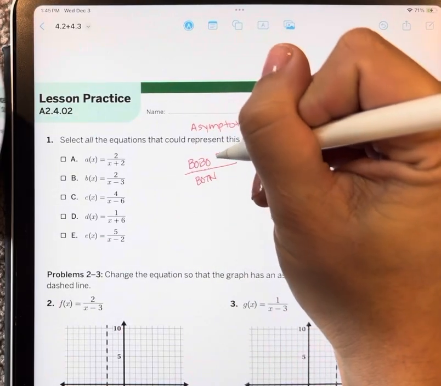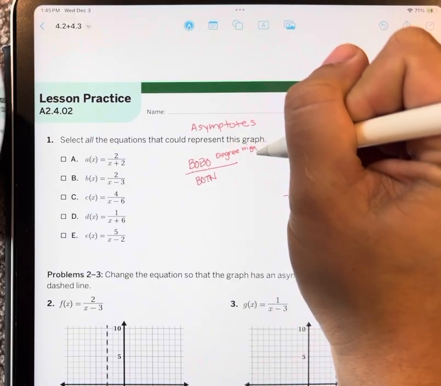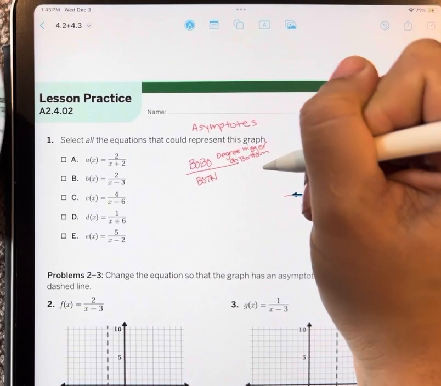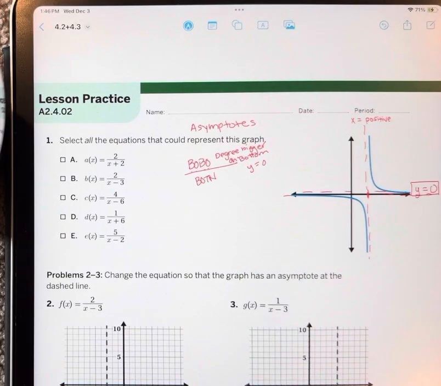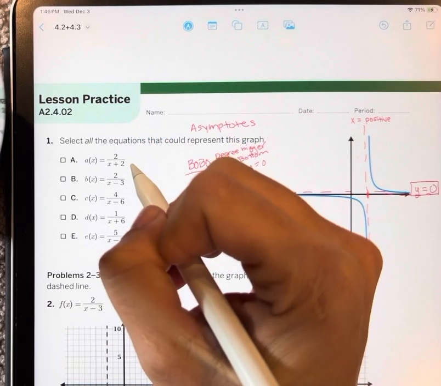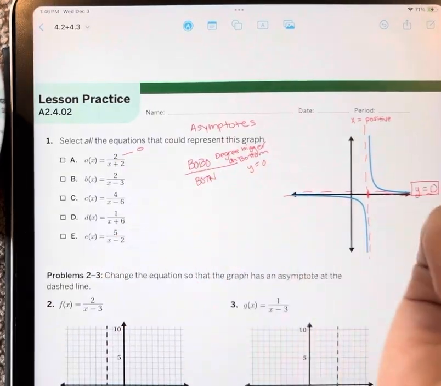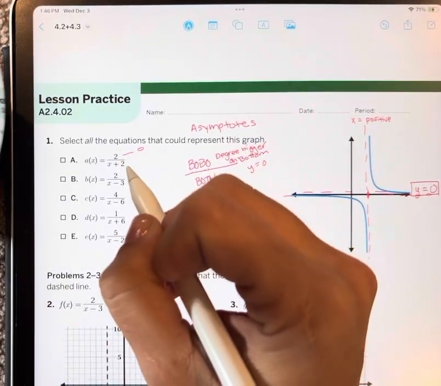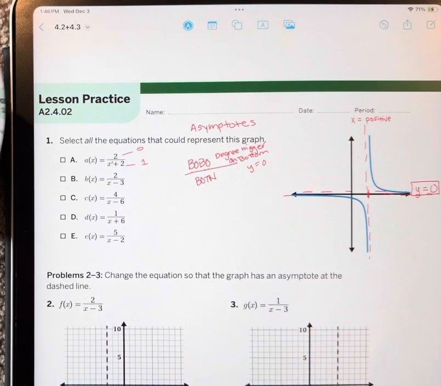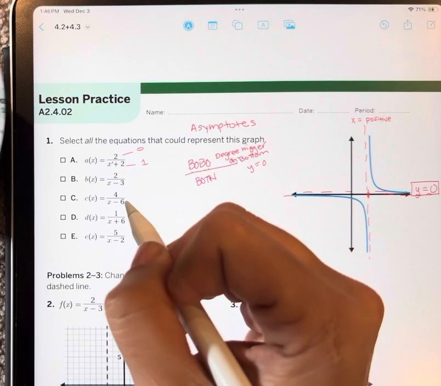So whichever function has a degree bigger on the bottom has a y equals 0 horizontal asymptote. So let's go see. This one, the degree of the top is 0. There's no x. It's just a constant. That's 0. The degree of the bottom is 1 because the exponent on that x is 1. So it is bigger on the bottom. This one's in the running.